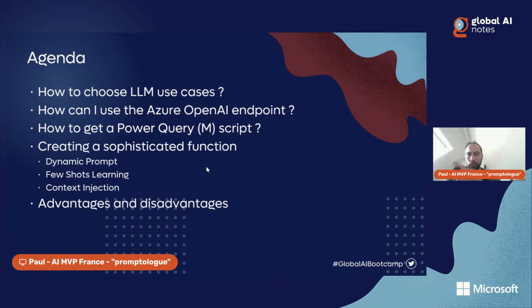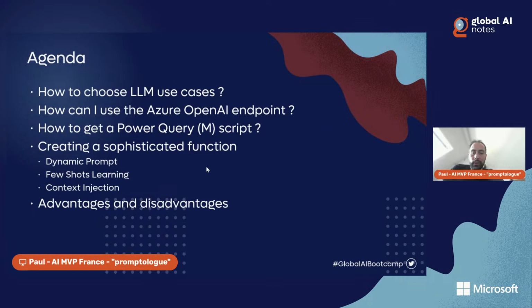But the goal is to use it in an Excel sheet. And so I think the tip today is to run a Power Query script, so to write some M function, and I will show you how to write it.